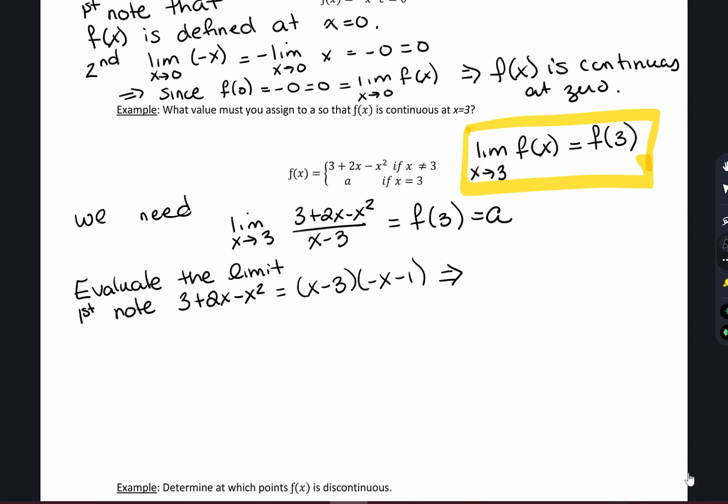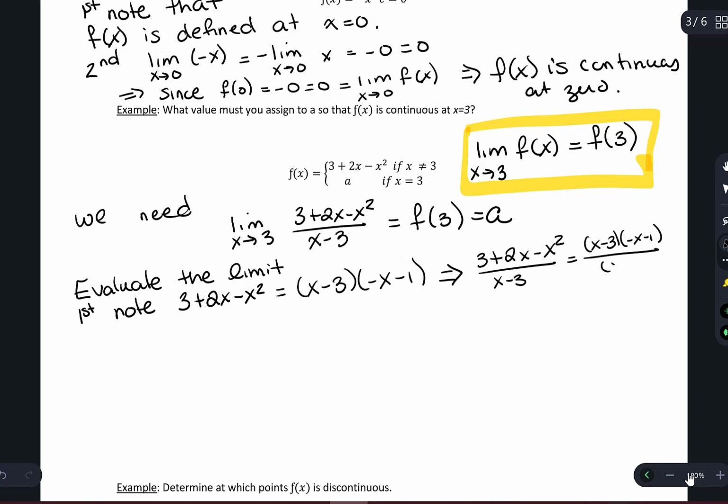That's an arrow saying this is going to lead me to. If I'm interested in this full piece, 3 plus 2x minus x squared divided by x minus 3, that's equal to x minus 3 times minus x minus 1 divided by x minus 3. Then these two pieces cancel out, so this is just equal to minus x minus 1.